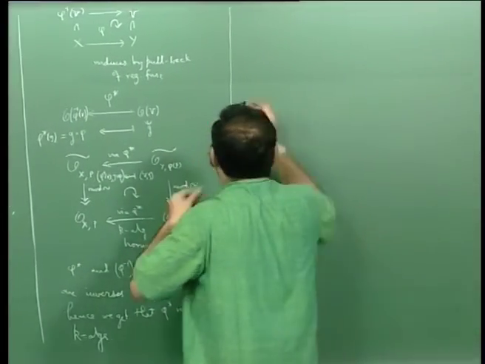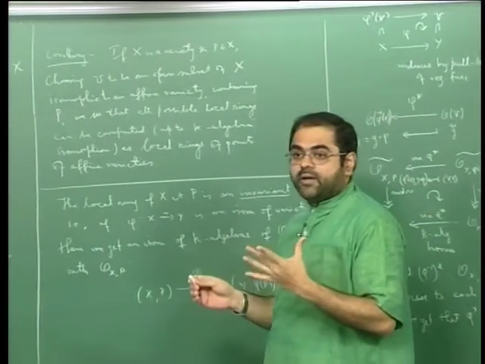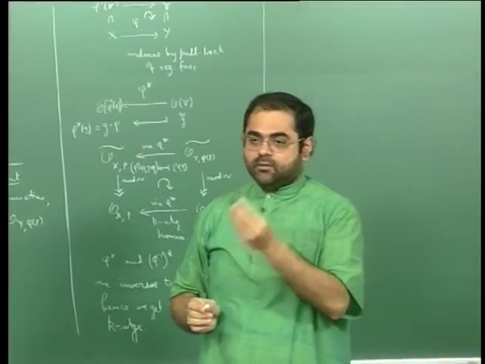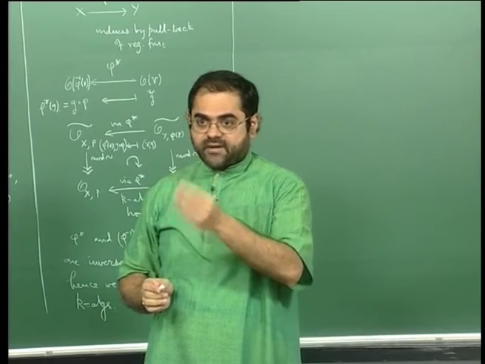Now the big deal is how you calculate, what is the formula commutative algebraically, for the local ring of an affine variety at a point.